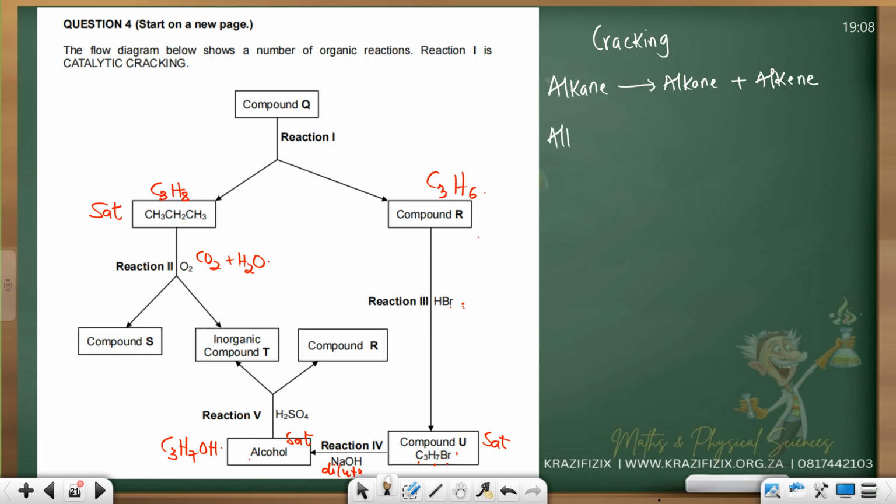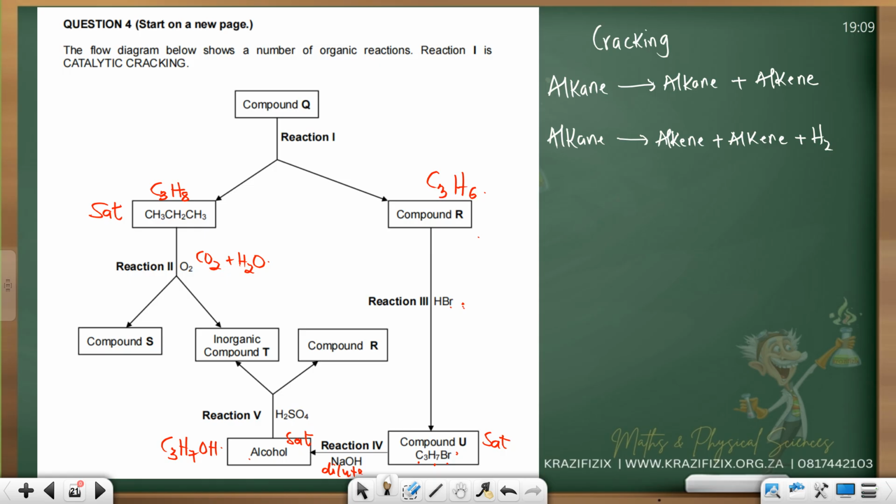And the second reaction would be an alkane breaking down into an alkene plus an alkene plus hydrogen. So there are two sets of products that we can get. So a long hydrocarbon alkane breaks down into a smaller alkane and alkene. Or alkene, and what? Hydrogen.